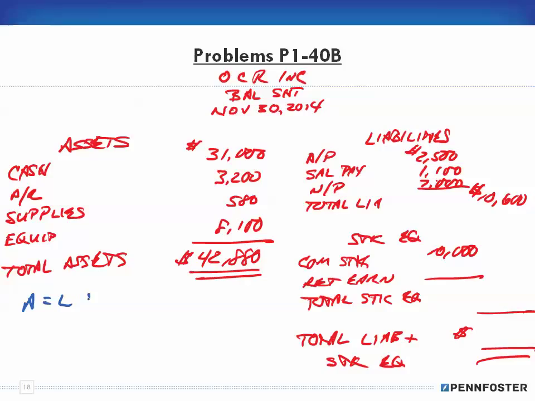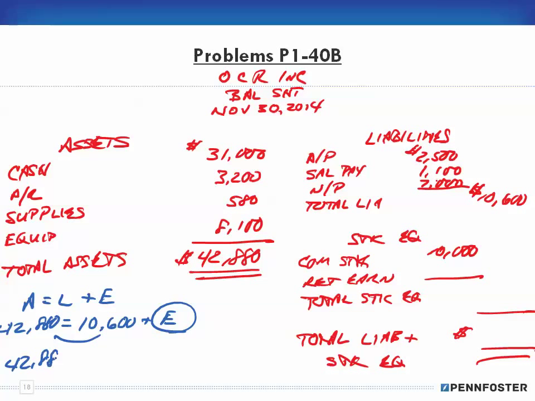Assets equals liabilities plus equity. And if my assets are $42,880, that's equal to my liabilities of 10,600 plus equity, right? In order to isolate my equity, I subtract the liabilities from the assets, minus 10,600 is equal to my equity.